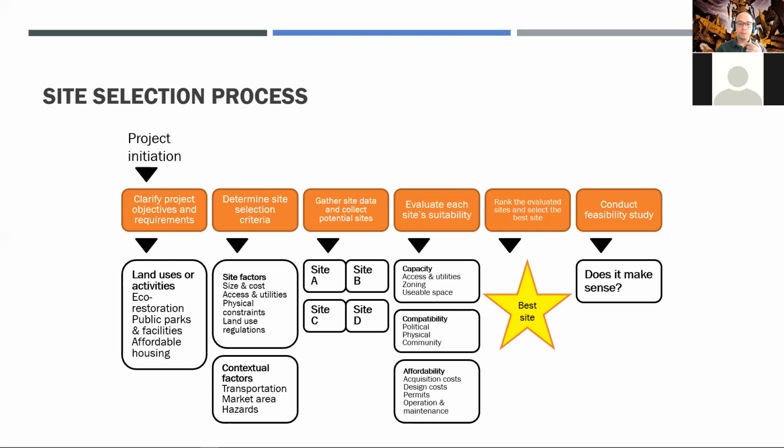2, choose the site selection criteria. So you know what your objectives are, and now it's time for you to come up with the site selection criteria to determine the site suitability. Site suitability is partially a function of site conditions, contextual factors, and expected costs.